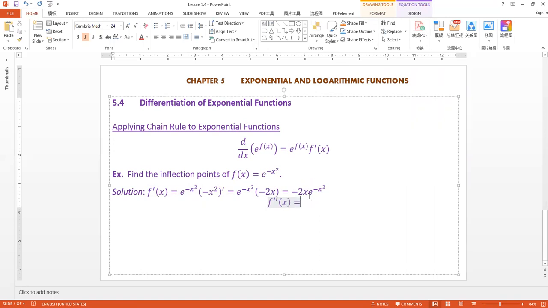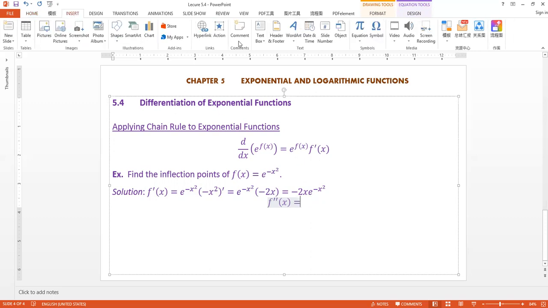So we have to use the product rule. So the product rule says when you take the derivative of the product of two functions, it's the derivative of the first function times the second function plus the first function times the derivative of the second function.